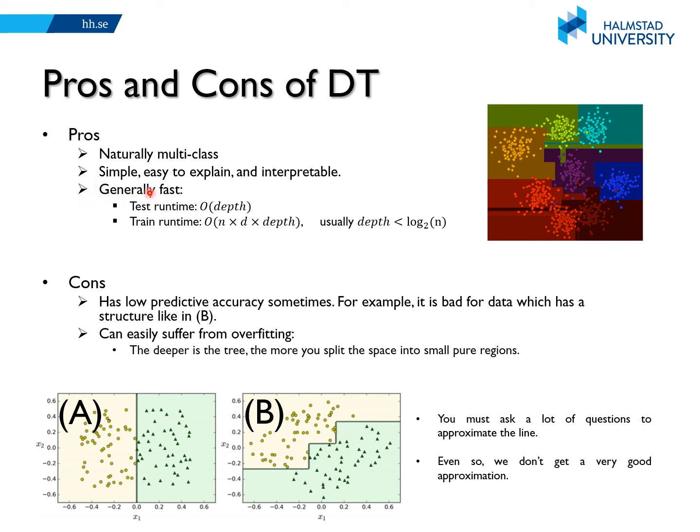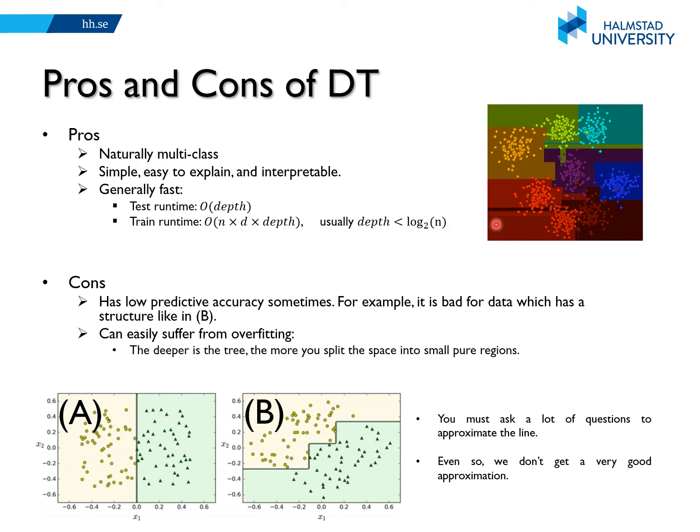Also, decision trees are generally fast, both for testing and training. If depth here indicates the depth of your tree, then at test time, the time complexity is just in the order of the depth of your tree. And generally, the depth is smaller than log n, where n is the number of data points in the data set.